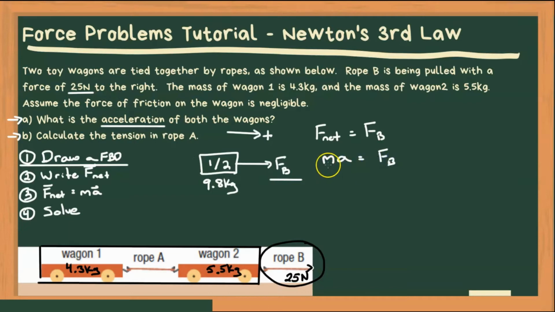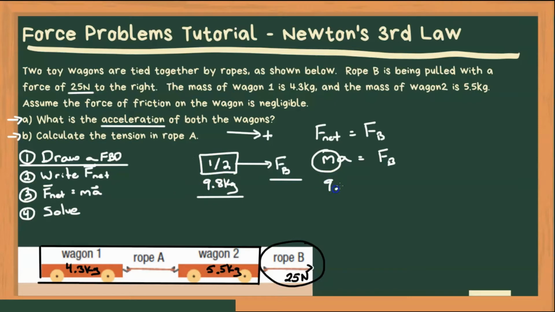Now again, what is this mass? Is it 4.3, 5.5, or 9.8? Well, the question goes back to, what is the free body diagram we're using to apply steps 2 and 3? And that's this one here. So it's the total mass, 9.8 kilograms.